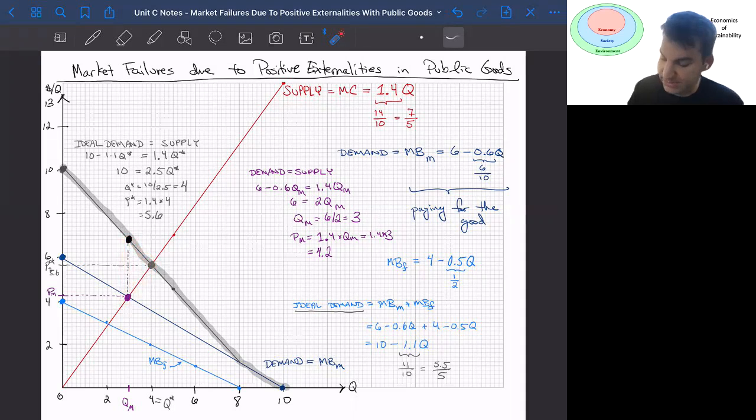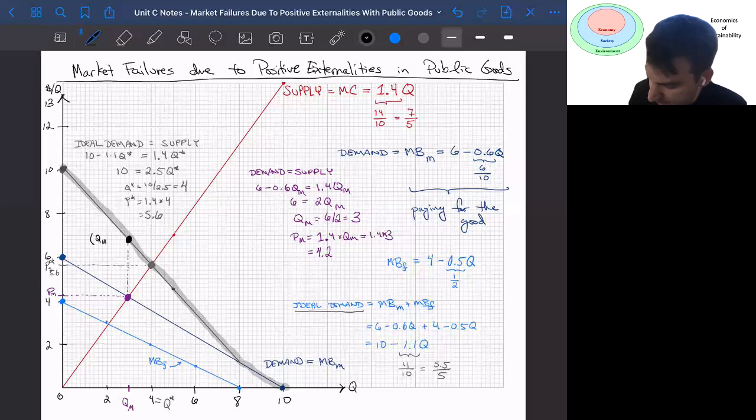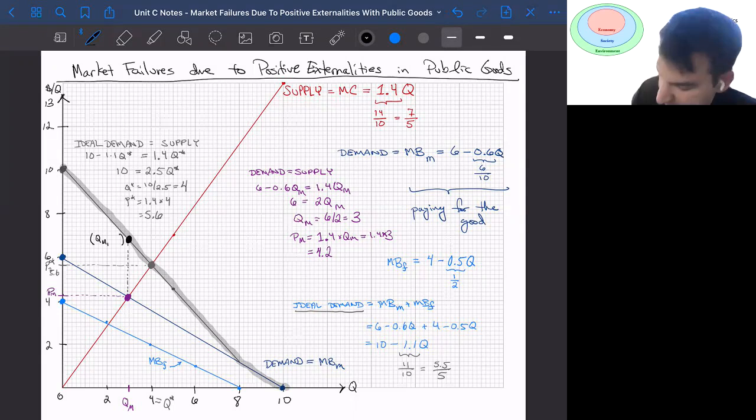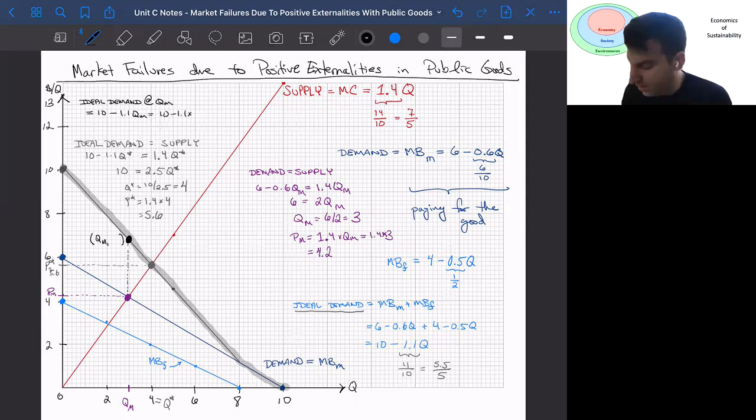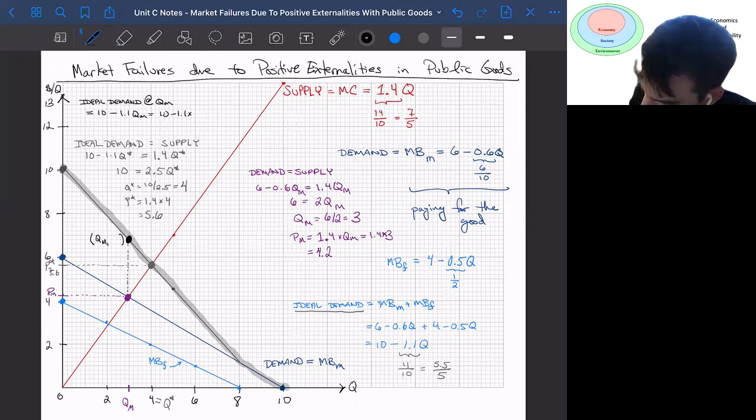And so we need to solve for this point up here. We know the x coordinate of that point is QM. And then the y coordinate there is just going to be the ideal demand evaluated at QM, which is just equal to 10 minus 1.1 QM, which is equal to 10 minus 1.1 times, look over, what's QM? 3, which is just 10 minus 3.3.